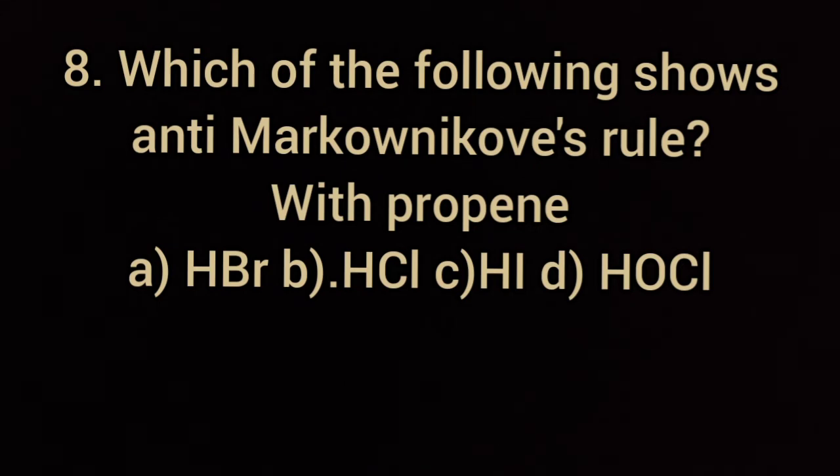HCl does not give free radicals because the bond between H and Cl is a strong bond. The bond between H and I is weak and gives I dot, but I dot combines with another I dot to give I2. So anti-Markovnikov rule is applicable only for HBr, not for HCl or HI or HOCl.